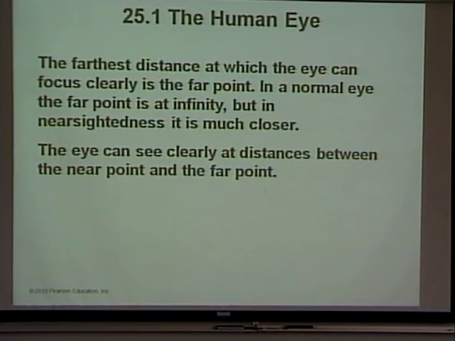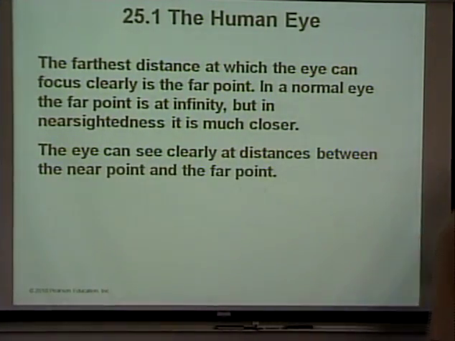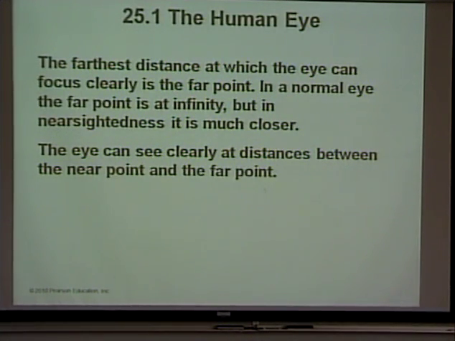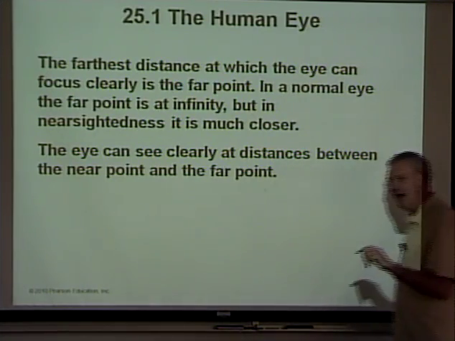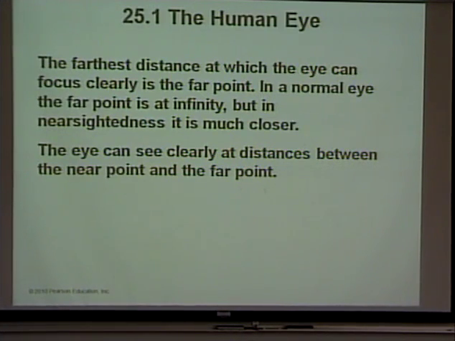But anyway. All right, the furthest distance at which the eye can focus clearly is the far point. In a normal eye, the far point is at infinity. So why did I say 25 meters? Because when you're dealing with the distance between your cornea and your retina, 25 meters is pretty much infinite. When you're dealing with millimeters of image distance and focal length, that's pretty much out at infinity.